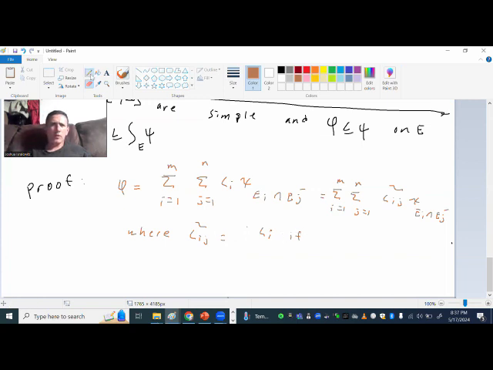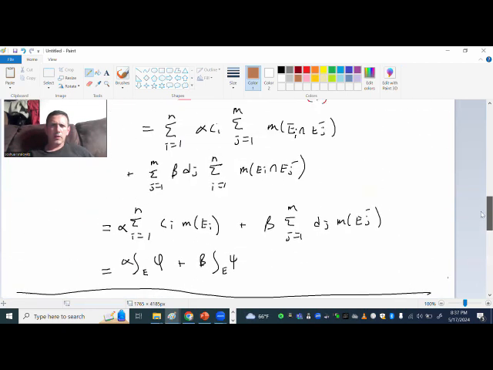Or if you really want to, you can write it like this: c_i if E_i intersect E_j prime is not empty, 0 if it is empty.